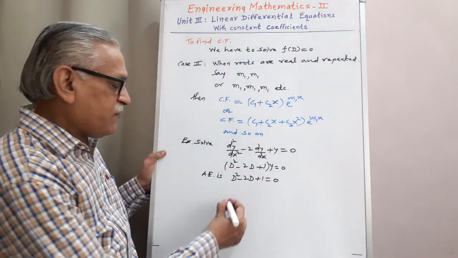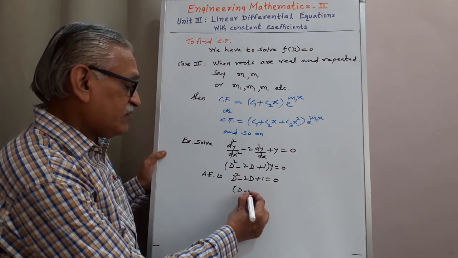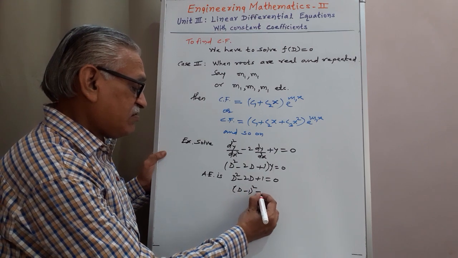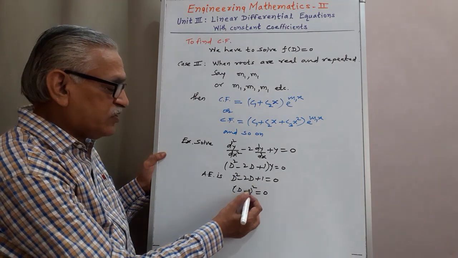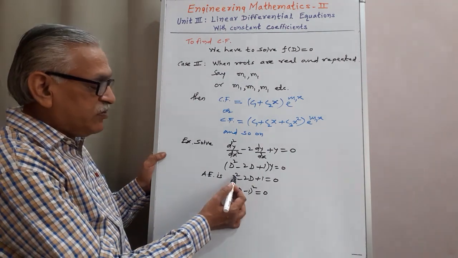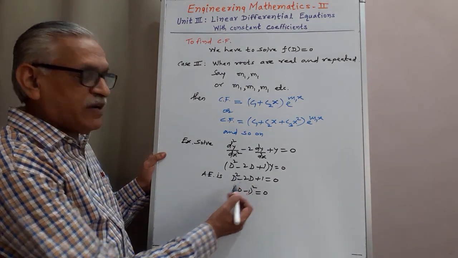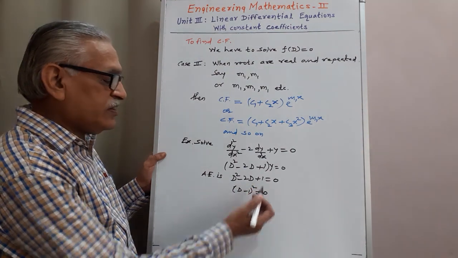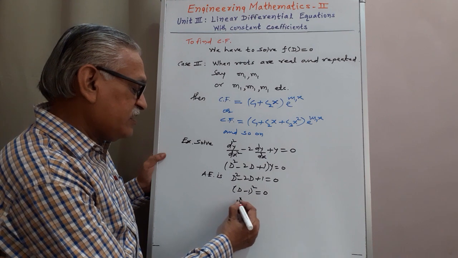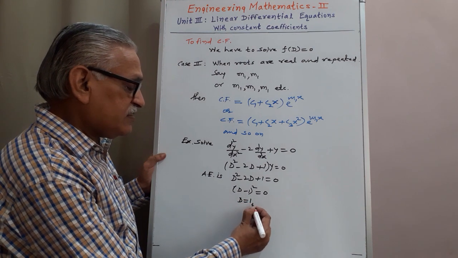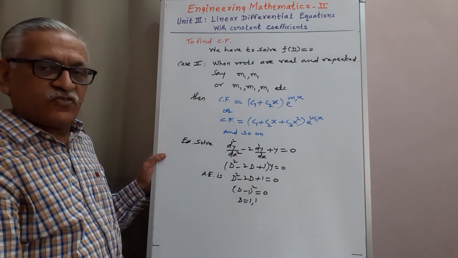It is a perfect square of (D minus 1) squared, using the formula (a minus b) whole squared. We get a squared, meaning D squared, minus twice ab, minus 2D, plus b squared, 1. Equating each to 0, we get D equals 1 and the second root is also 1.